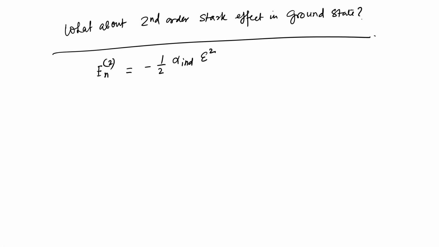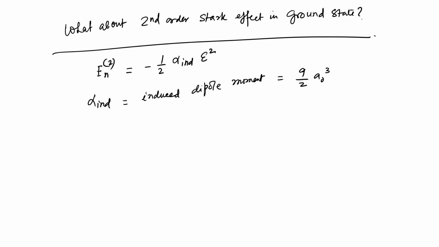Of course, if the electric field is weak, the second order should be even smaller, and this alpha is equal to the induced dipole moment and has a value which is 9 over 2 a0 cube, where a0 is the Bohr radius.